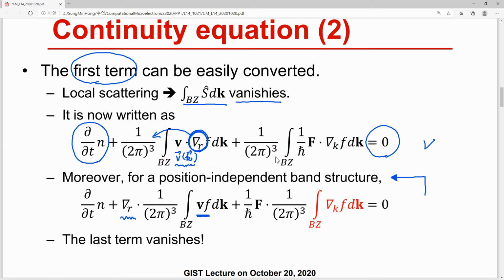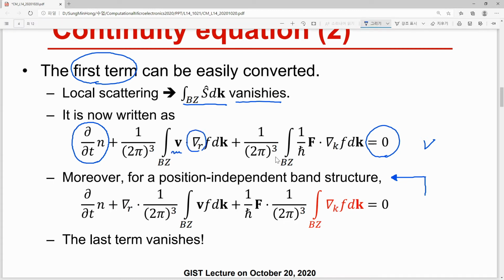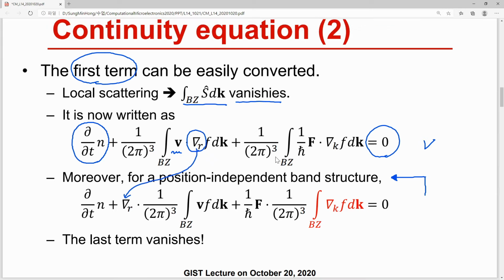Although this second term looks similar, if we have a really position dependent band structure, then we cannot pull it out here. So please note this.